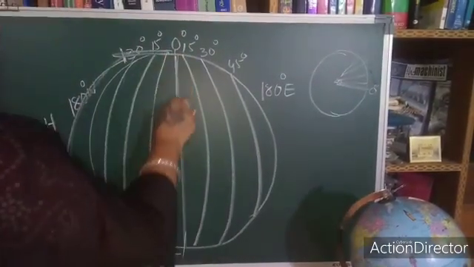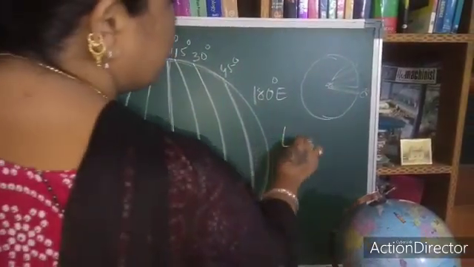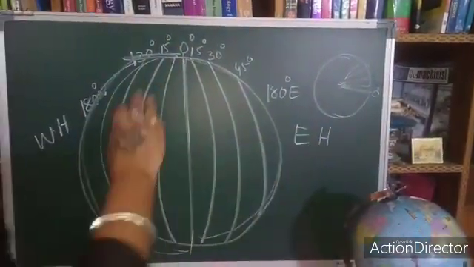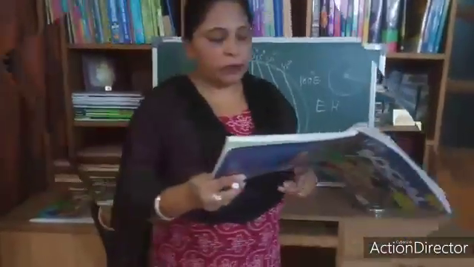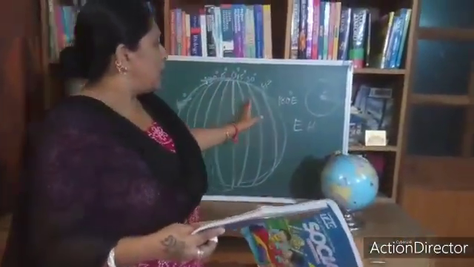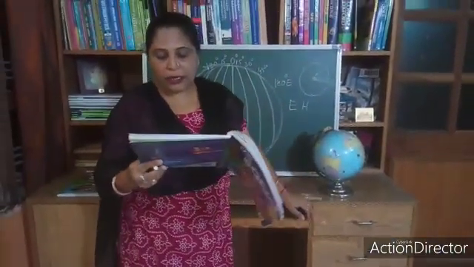And from 0 degree to 180 degree east is known as the eastern hemisphere. Hemisphere means half of the sphere.